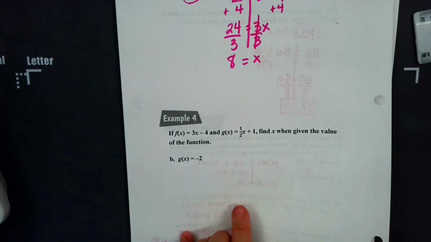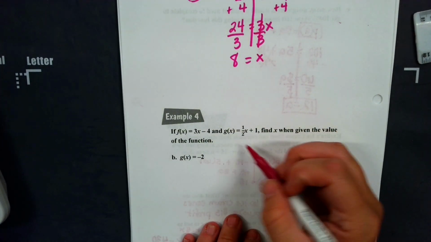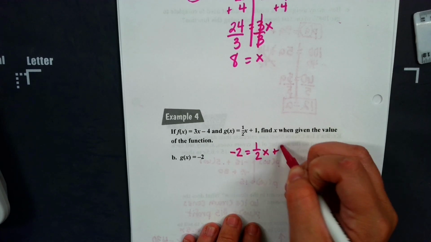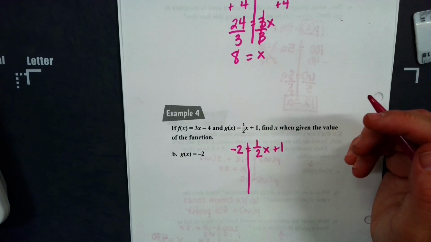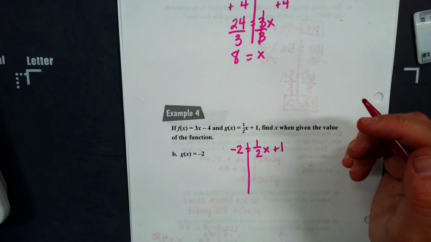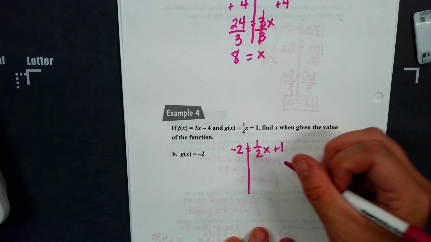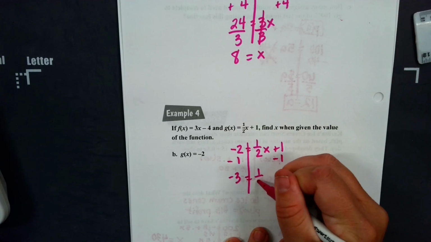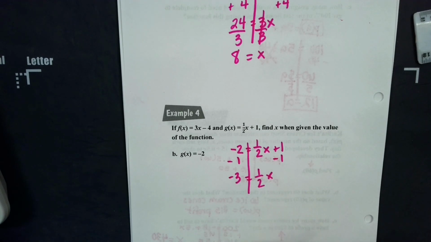All right, let's take a look at this one. Now, which one am I using? g of x, okay. Guys, let's focus. What do you want me to do first? Minus 1. So I get negative 3 over here. Now what?